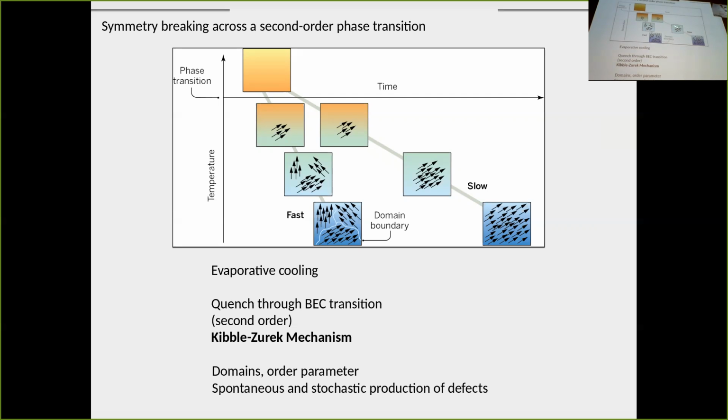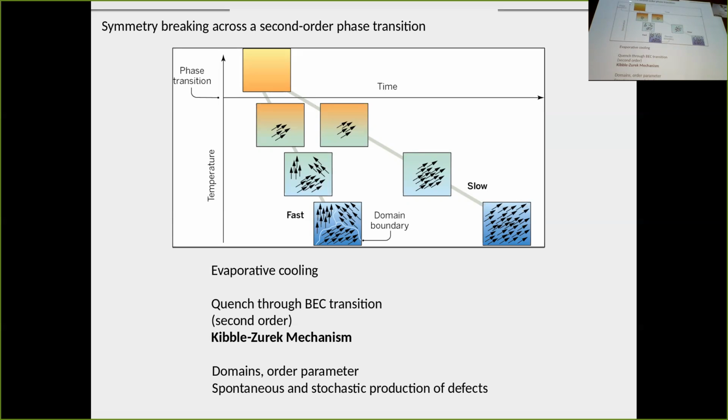So typically if you cool slowly, you have the phase transition with simultaneous symmetry breaking, meaning that you fix the phase of your order parameter in the center of the trap where the density is higher, and then this information propagates within the condensate as it grows.